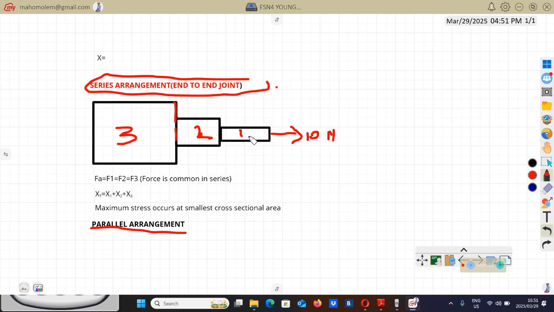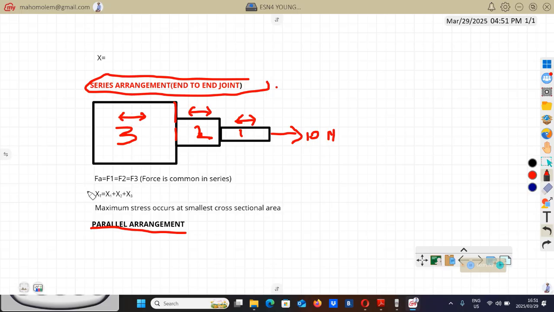So these three components, they're going to get stretched with the same magnitude, which is 10 Newton. So once you apply force of 10 Newton, this part here will be stretched with a magnitude of 10 Newton. So even this part here will be stretched with magnitude of 10 Newton. So even this one will be stretched with the magnitude of 10 Newton.